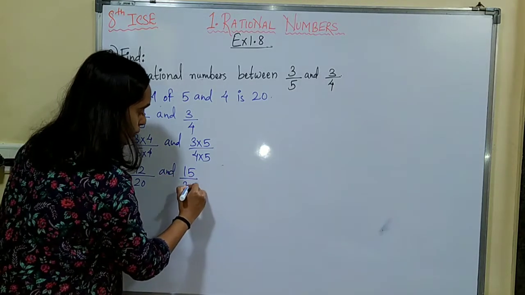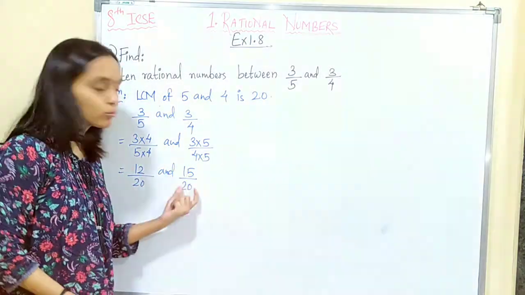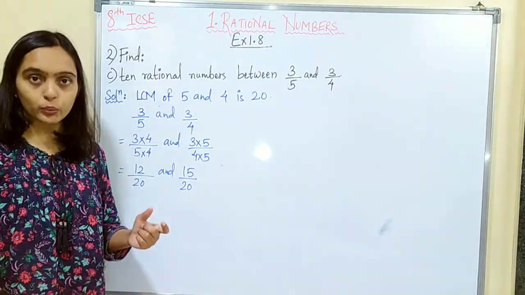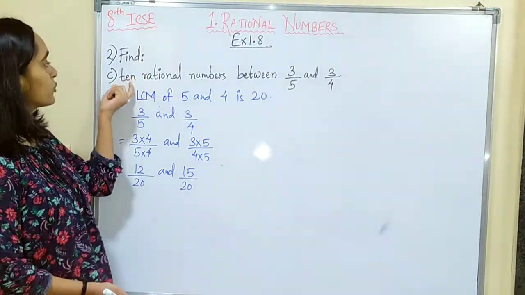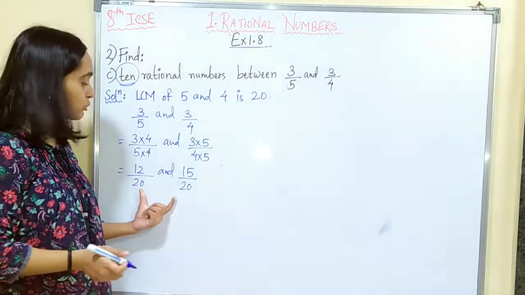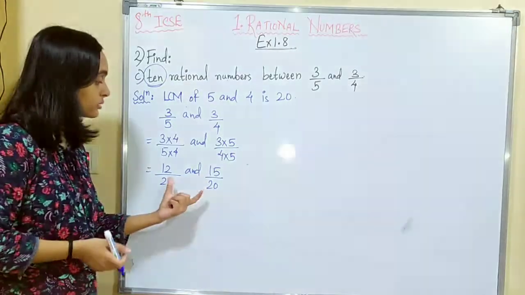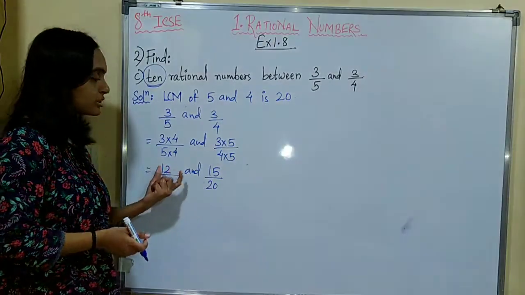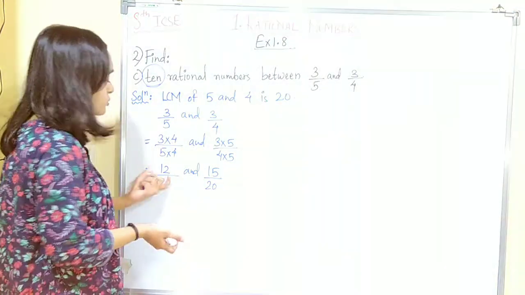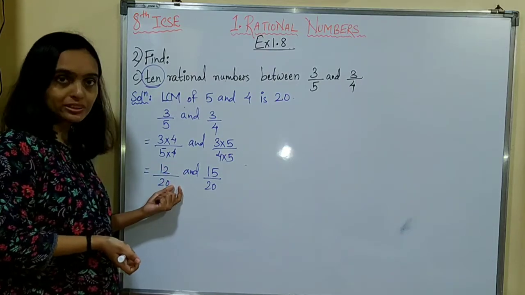You can clearly say that between 12 upon 20 and 15 upon 20 there are two rational numbers, that is 13 upon 20 and 14 upon 20. But the question says to find 10 rational numbers between them, so by looking here you cannot find 10. So you will multiply both these rational numbers by the same common multiple, in the numerator and denominator.